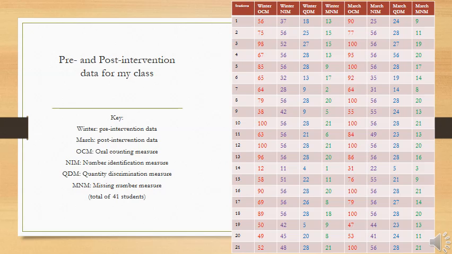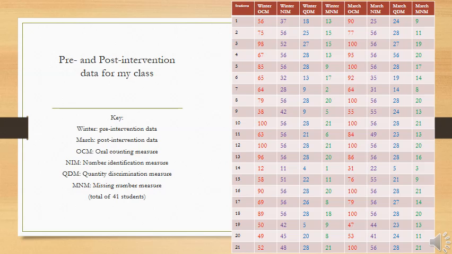And then again, going through, the purple scores would be the number identification, where that student had 37 in the winter. After the intervention, they actually went down to 25. For quantity discrimination, we'll look at the blue scores. They had a score of 18 before the intervention and a score of 24 after.